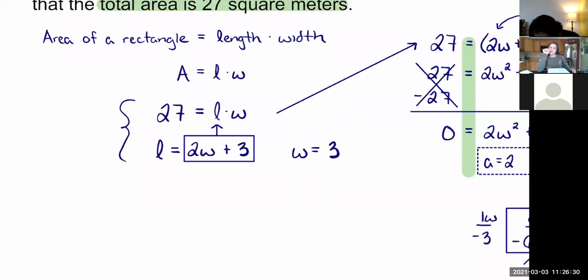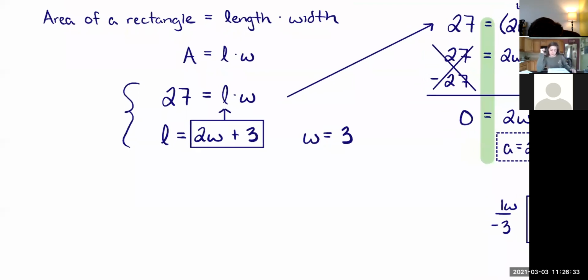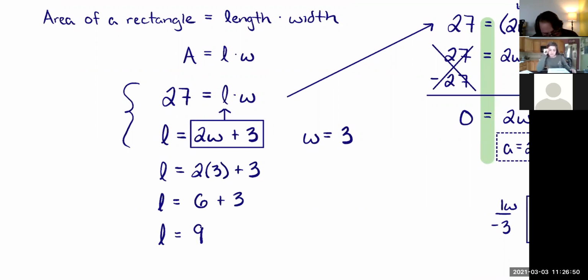And we know that the length is 3 more than twice the width. So 2 times the width, which is 3, we get 6 plus 3. So the length must equal 9.